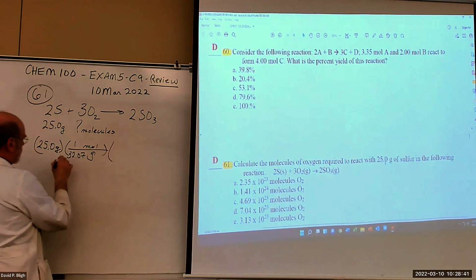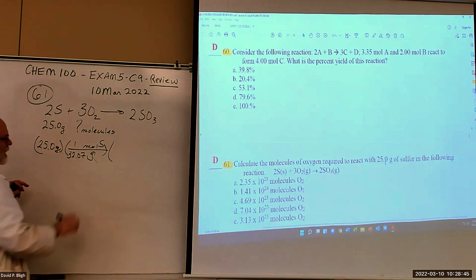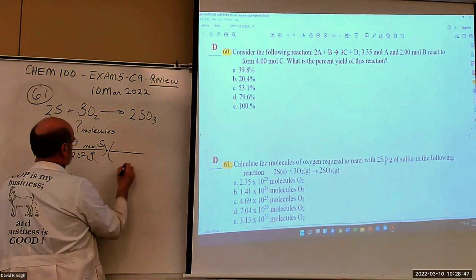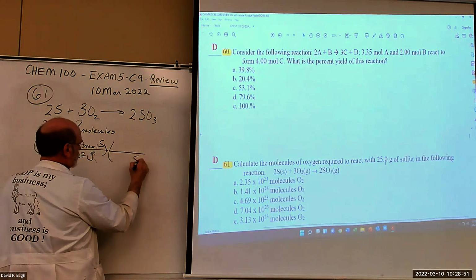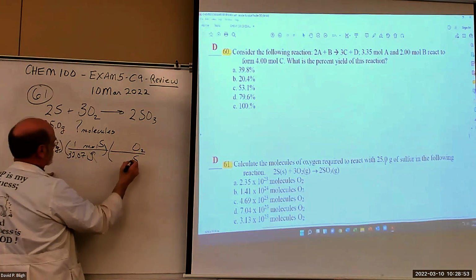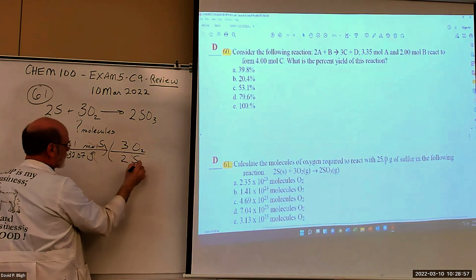Okay. That gives us moles of sulfur. How about moles of oxygen? Sulfur, oxygen. So we have 2 here, 3 here. Okay. So that gets rid of this one and this one.